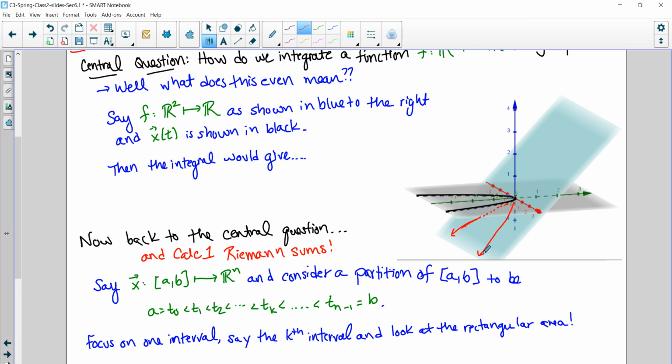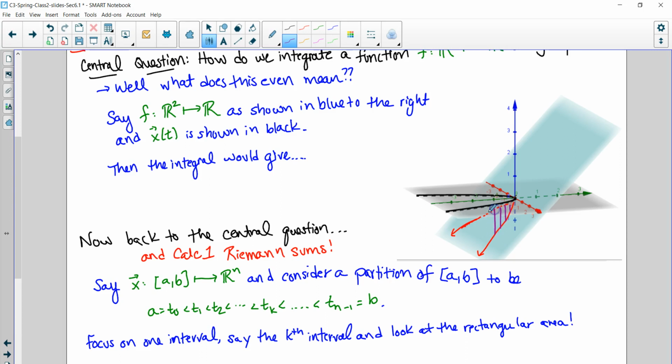If we think about integrals from Calc 1, an integral is just the area between the function and the x-axis, right? So really, what the integral should give is the area between the function and the path.